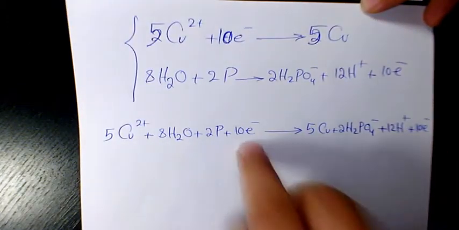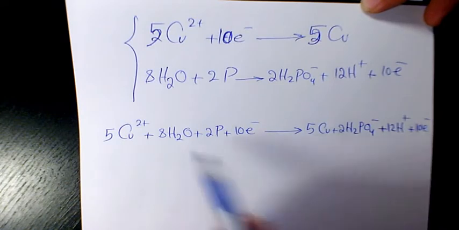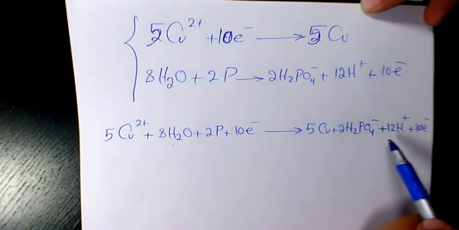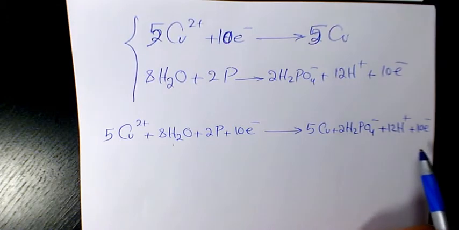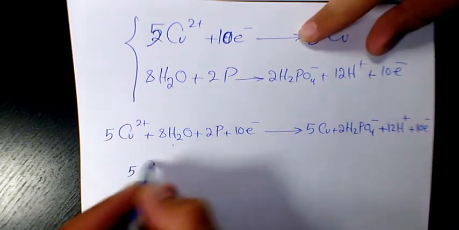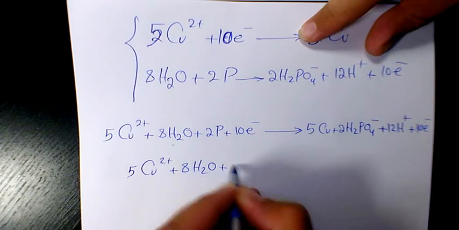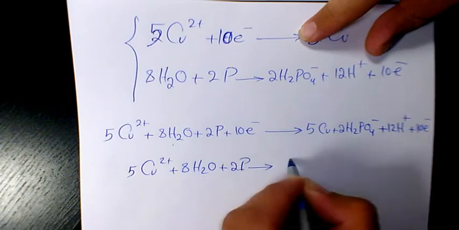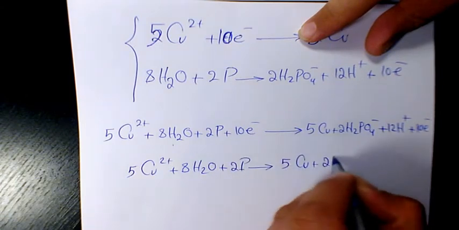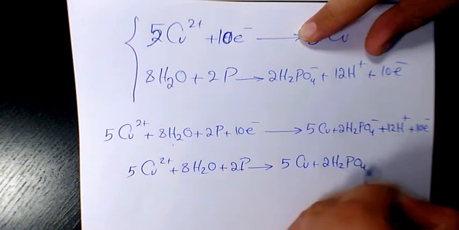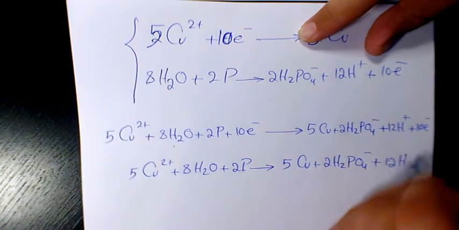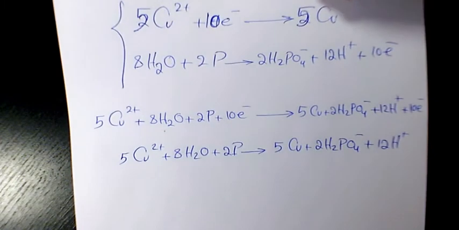The 10 electrons and 10 electrons cancel out. So it's going to be 5 Cu2+ plus 8 water molecules plus 2 phosphorus gives 5 Cu plus 2 H2PO4- plus 12 H+. We cannot simplify it more than that.